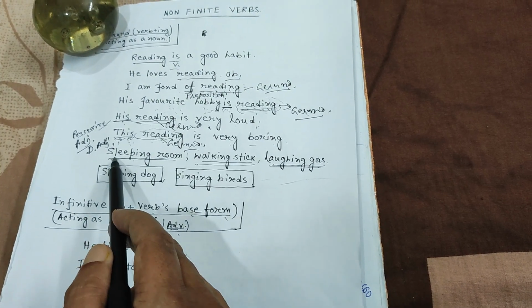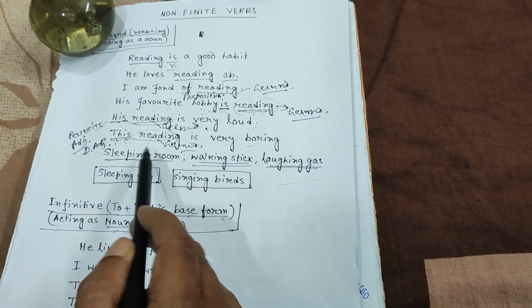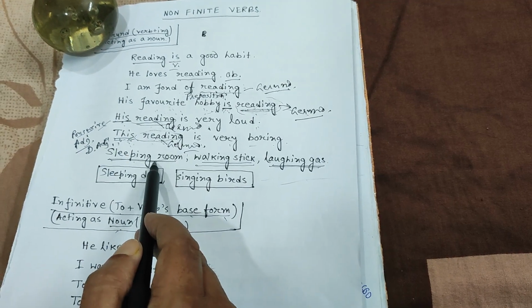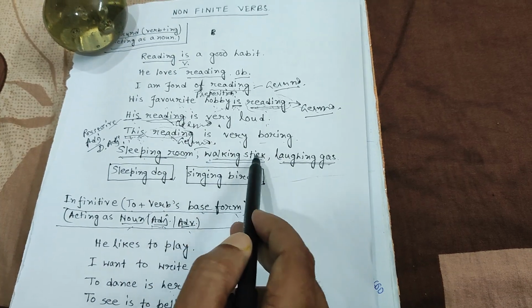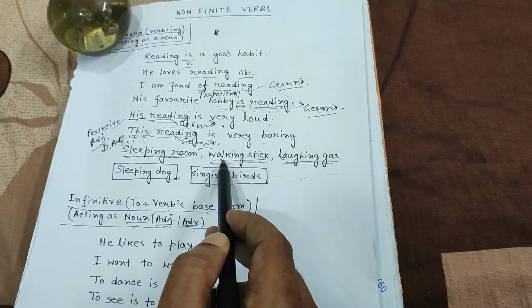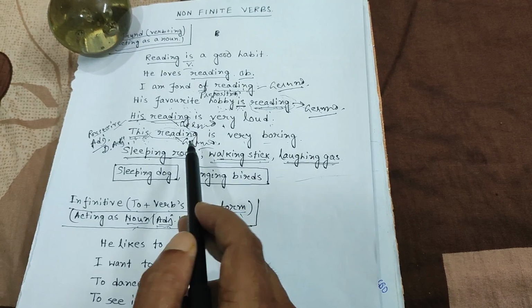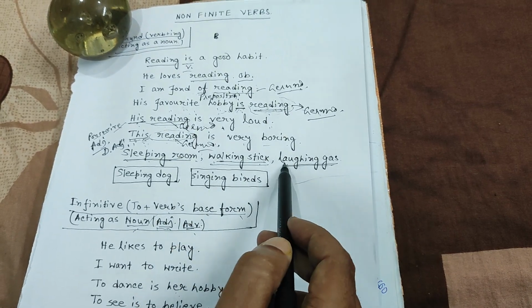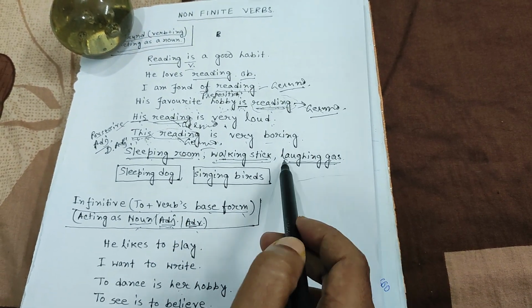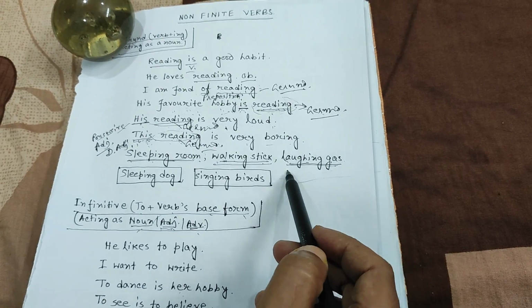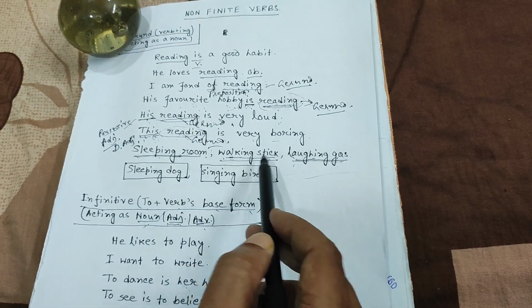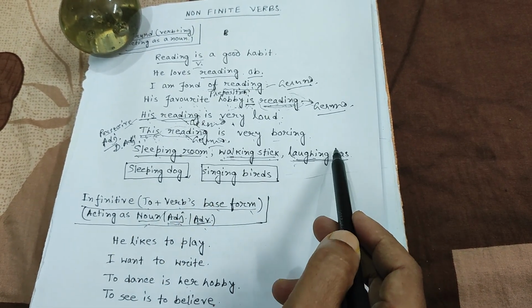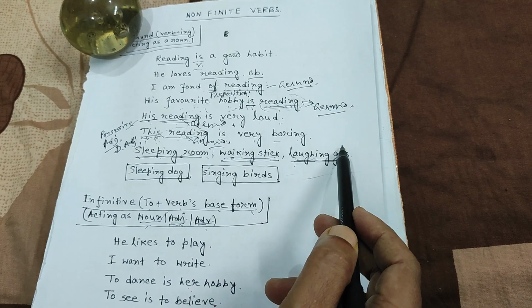And a gerund can be a part of that compound word. Walking stick is a compound word. Walking is the part of that compound word. Laughing gas. Laughing is the part of this compound word. So sleeping, walking, laughing here, they are gerunds.